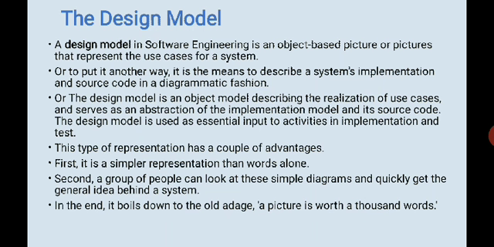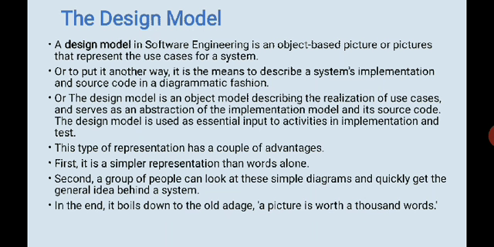The design model is an object model describing the realization of use cases and serves as an abstraction of the implementation model and its source code. The design model is used as essential input to activities in implementation and test.